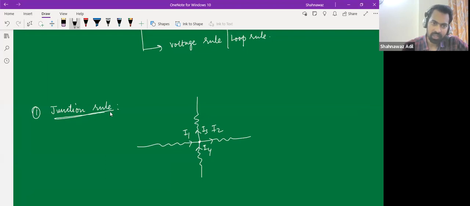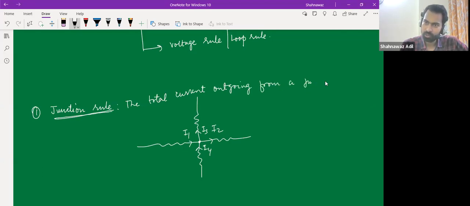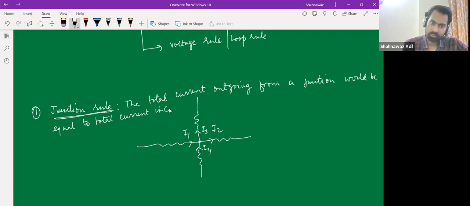So this junction rule says that the total current outgoing from a junction would be equal to the total current incoming. So what is the total incoming current?